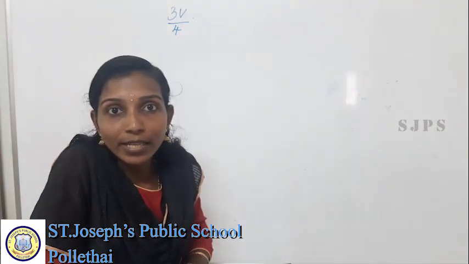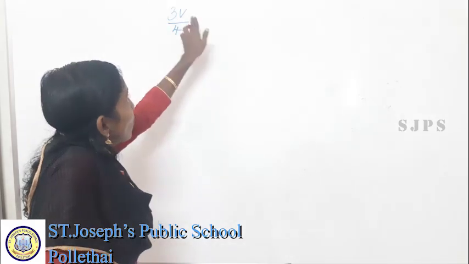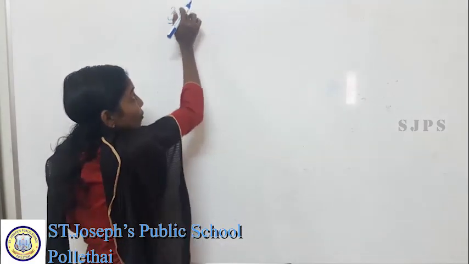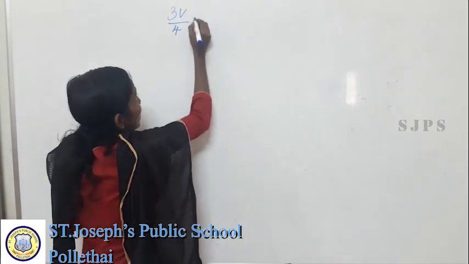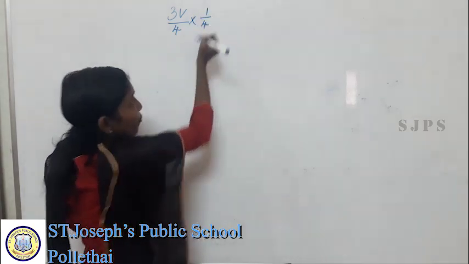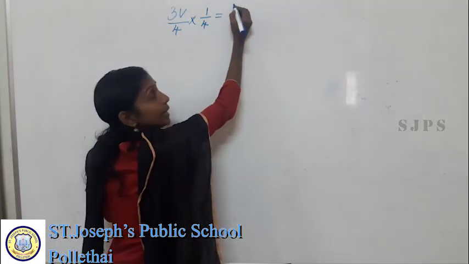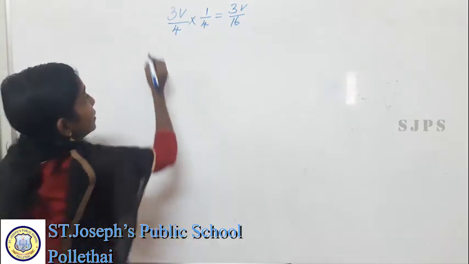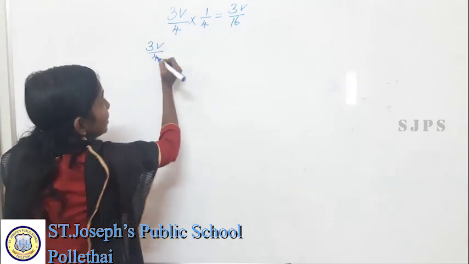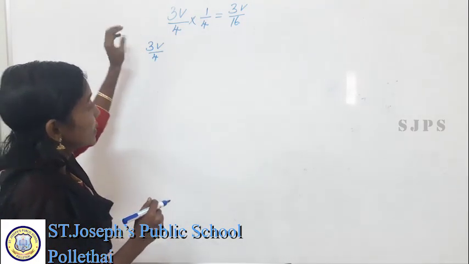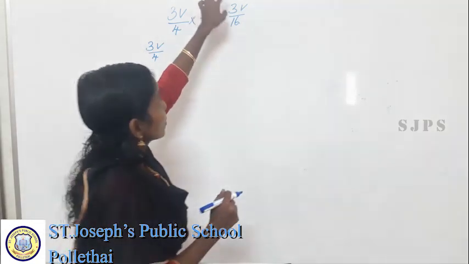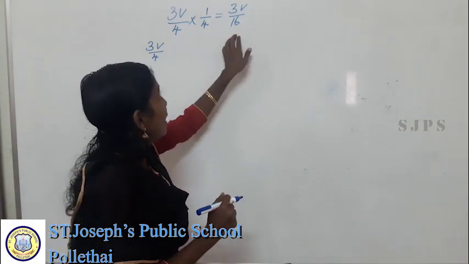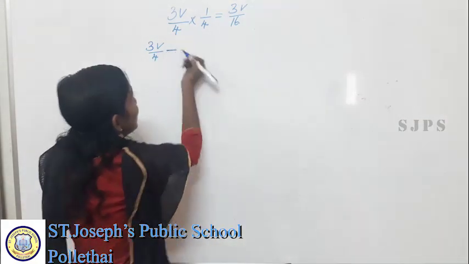Then again we are removing 1/4 of the volume of air present in the cylinder. That is 1/4 of 3V by 4, 1/4 into 3V by 4. We get 3V divided by 16. So 3V by 4 is the first volume, then 1/4 of that volume is removed, that is 3V by 16 is removed from the cylinder.